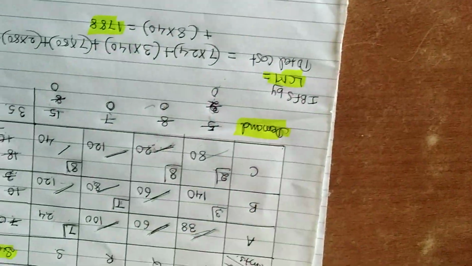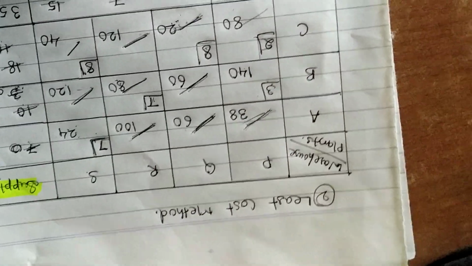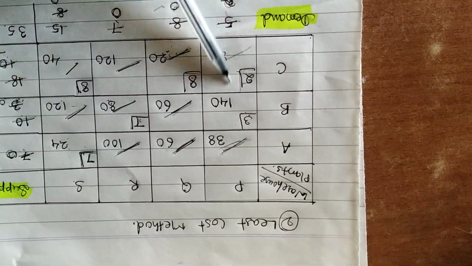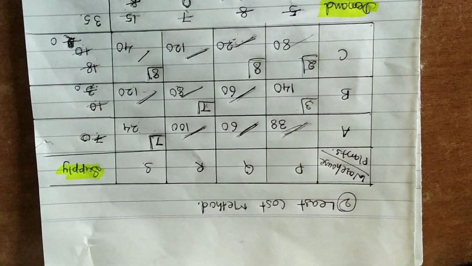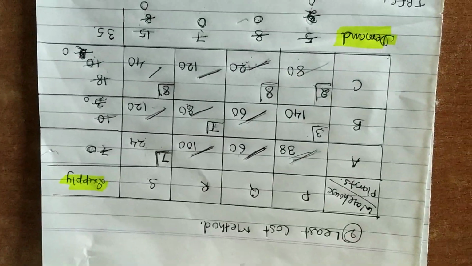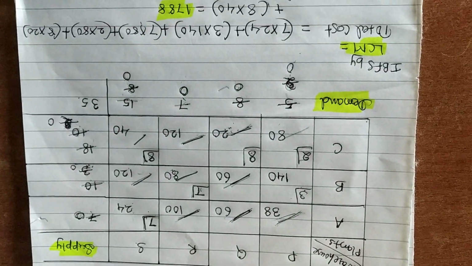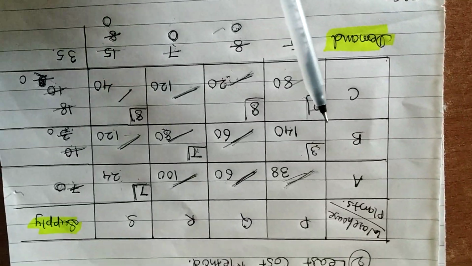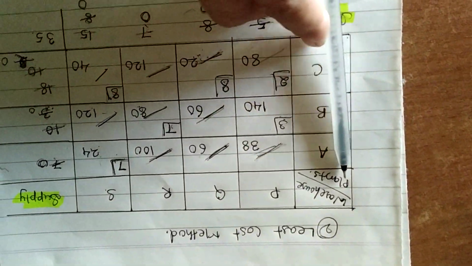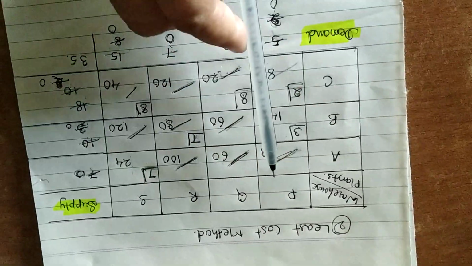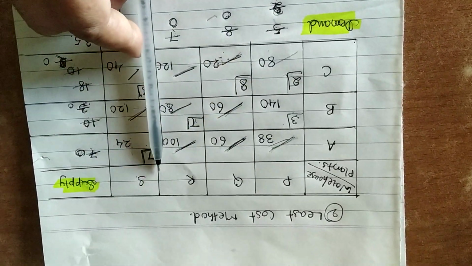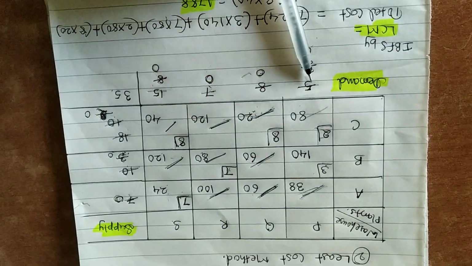Okay, next you have to find the least cost method. Least cost method means you take the smallest number. These are the allocated values you have given. Here there are warehouses and plants: this is the plant, and these are the 4 warehouses. This is the supply, this is the demand.